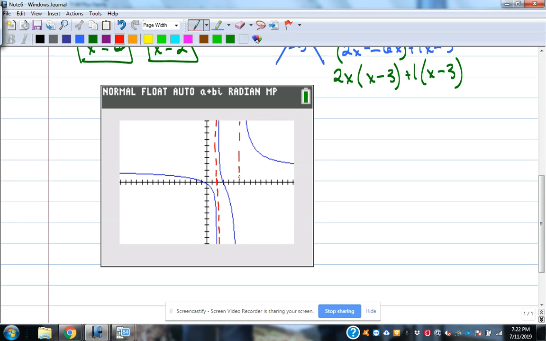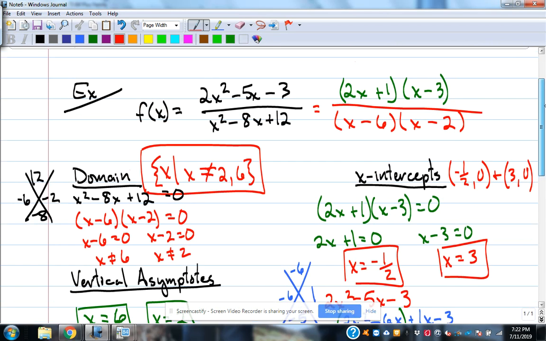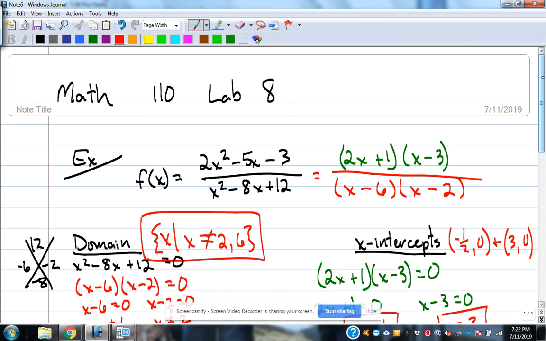It'd be right here. And we see how that shows the curvature of that graph using those vertical asymptotes. And here, there's our x-intercepts, those dots right there. So we see those things that we're finding along with the graph of this rational function. And that's lab number 8 for Math 110.